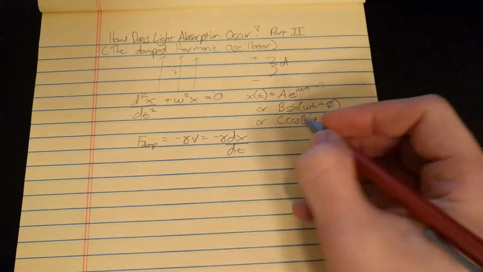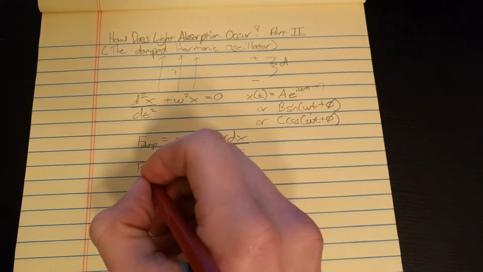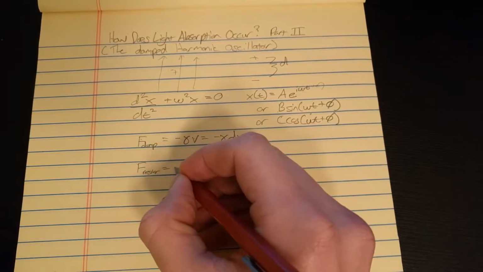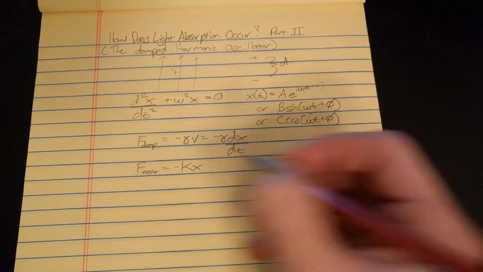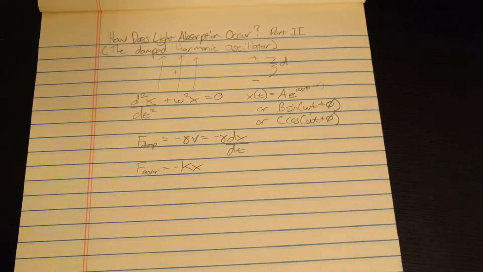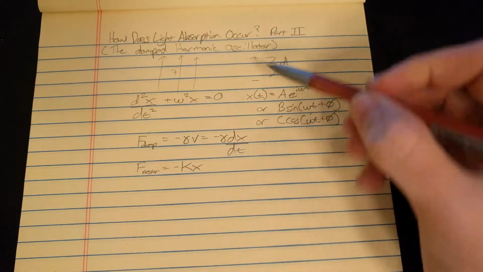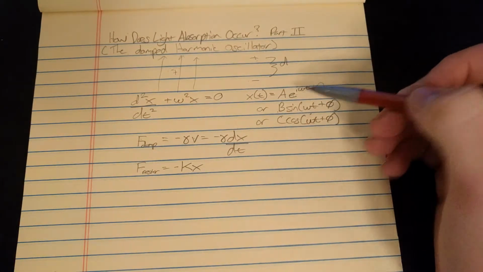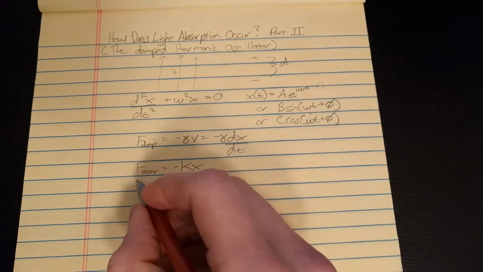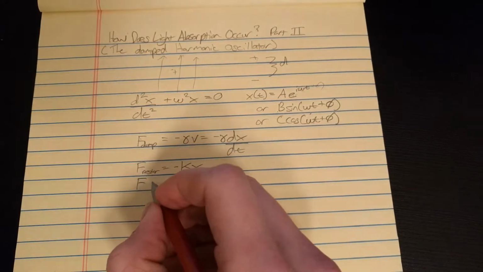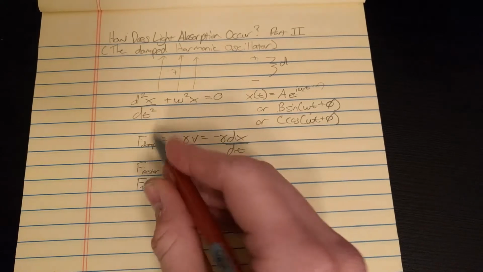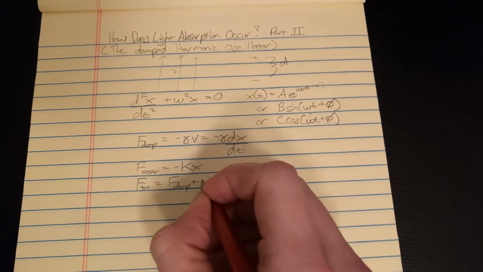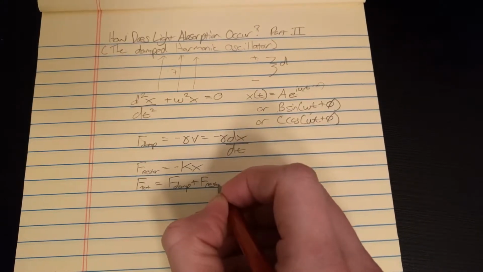And in part 1, we said that the restoring force just follows Hooke's law. It's negative kx, where k is the spring constant, or basically how stiff your spring is, or how strong your bond between charges may be. That's what k is. And then Newton's second law tells us that the total force equals the sum of both of these, so it equals the damping force plus the restoring force.